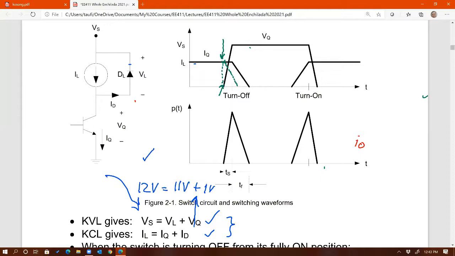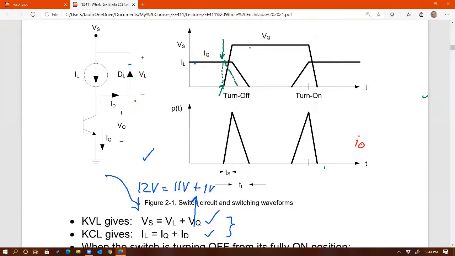Now, what's good about a snubber is that the snubber circuit provides both. It can provide both the slowing down of the rate of the voltage across the switch, as well as an alternate path for the current through the switch, so that current can change as soon as voltage changes.